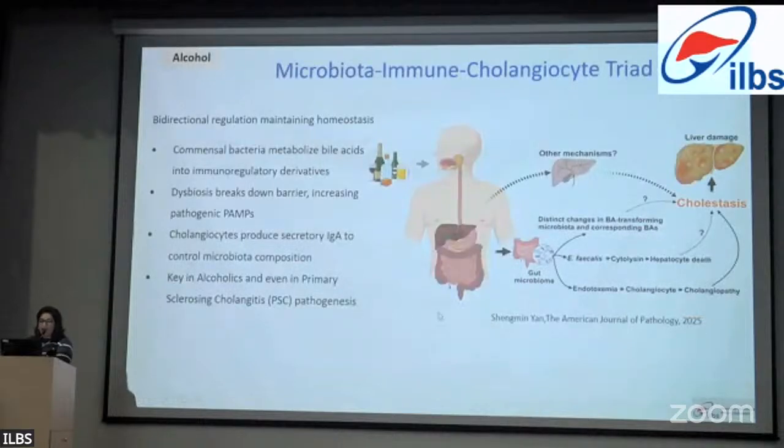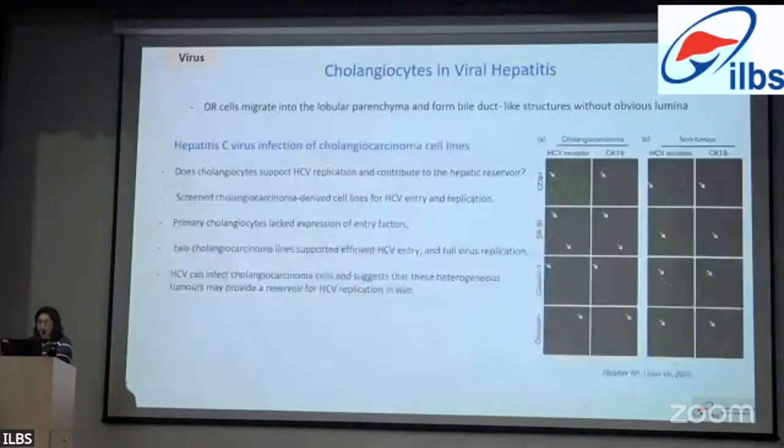One of the key players, which I will skip for now, is gut microbiota, which also plays a huge role, because we know the gut changes its abundance of bacteria, and that leads to dysbiosis. This dysbiosis triggers cholangiocyte proliferation, which leads to more neutrophil infiltration. This is still in its infancy, and we have to work more on the details.